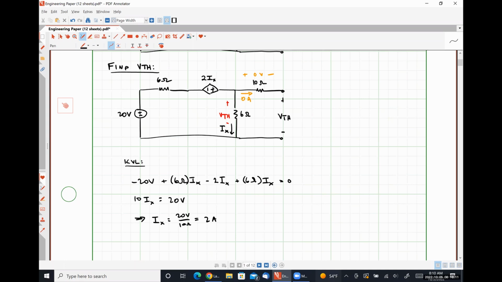Knowing what Ix is, how do I get my Thevenin voltage? Exactly right. So simple application of Ohm's law. If the current Ix is the current flowing through the 6-ohm resistor over which we're taking our Thevenin voltage, Ohm's law tells us V Thevenin is 6 ohms times 2 amps is 12 volts.